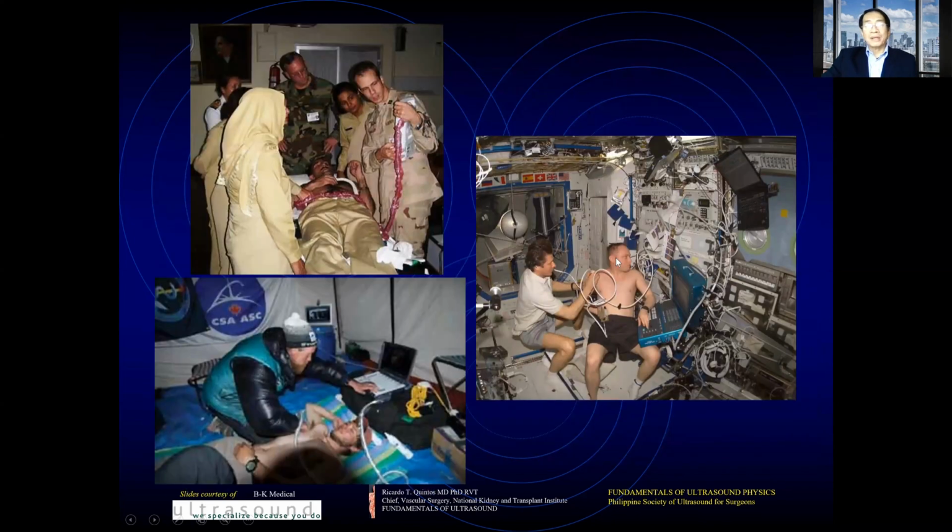And ultrasound has become such an essential tool that it is now being used in the field, in the military, in the waypoints of Mount Everest, in extreme environments, up to even the space shuttle in the maintenance of health of the astronauts living there for extended periods of time.